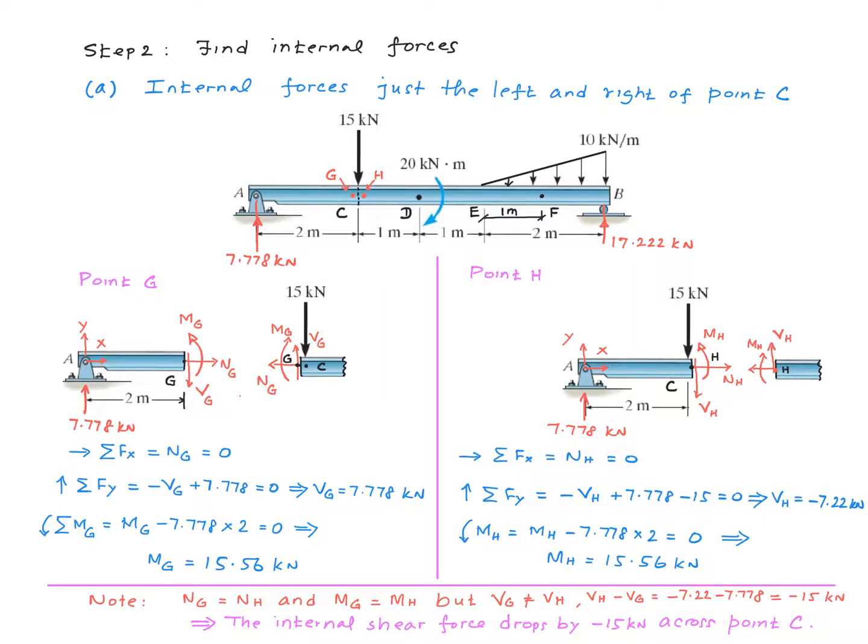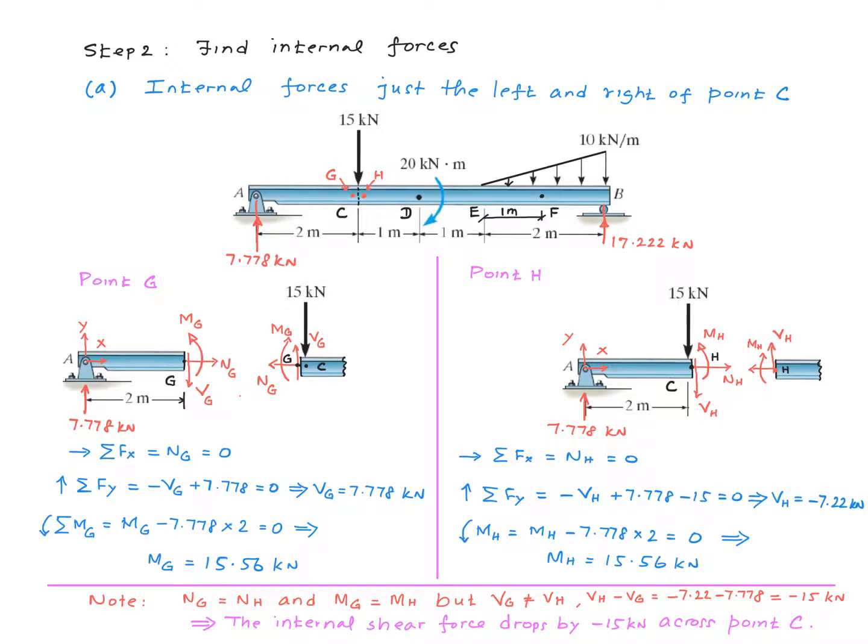As part of understanding the basics here, I'd like to make the following observation. We note by comparing these values with these values that, number one, the axial forces calculated for the 2 points G and H are the same. The bending moments calculated for the 2 points are the same, but not the shear force.